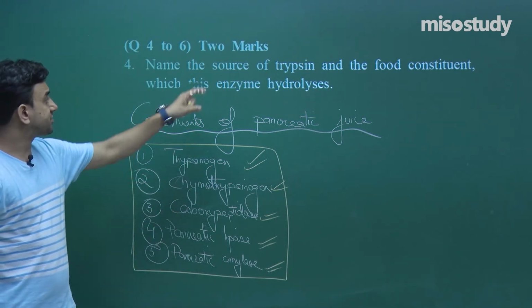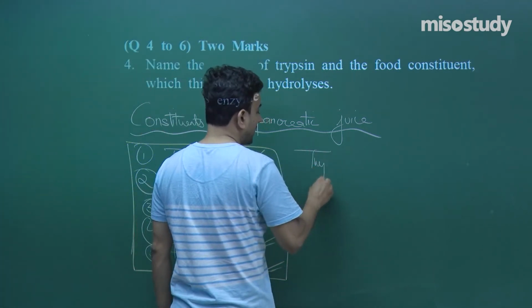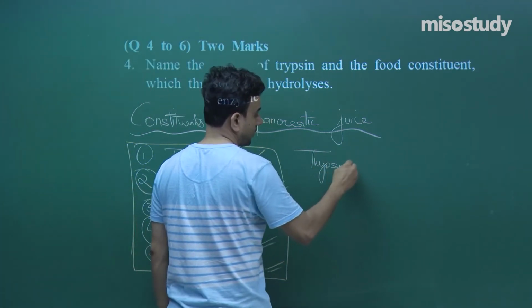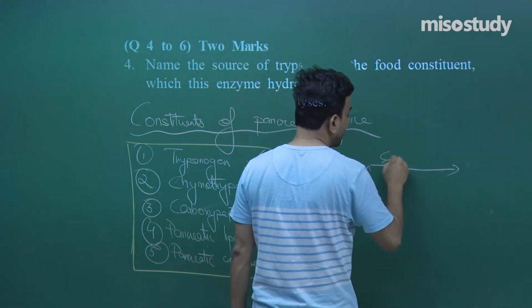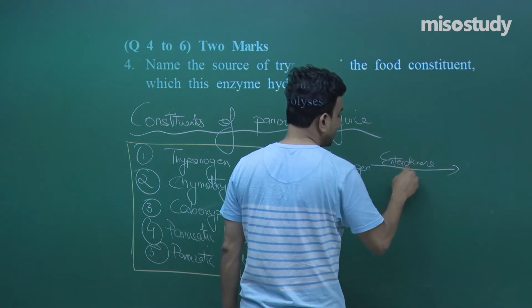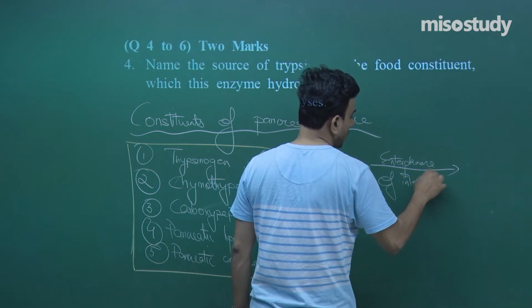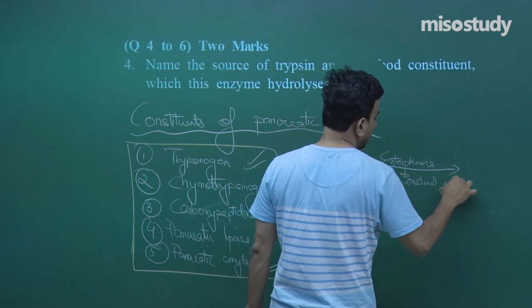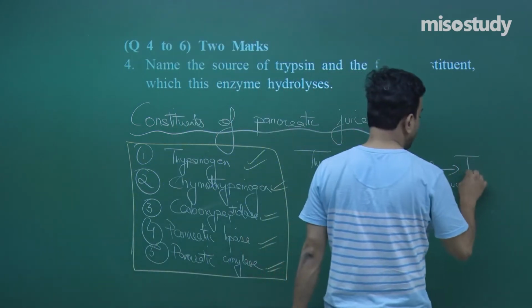So, we have still not reached the trypsinogen. Trypsinogen is the inactive form of trypsin, and this is acted upon by the enzyme enterokinase of the intestinal juice, or the succus entericus, and gets converted into trypsin.